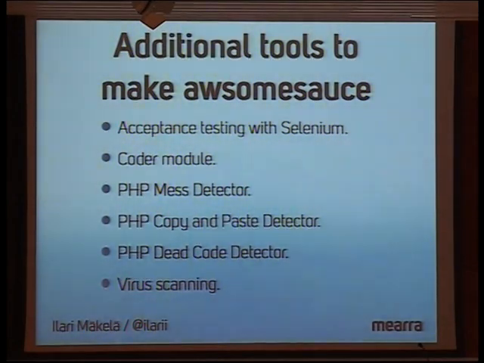We can test the contrib modules with the coder module, PHP mess detector, and so on. We can even do virus scanning for the Drupal core and see if Dries has been behaving badly and trying to infiltrate other customers. So you can add numerous things to it. You can automate the stuff that you have been previously doing by hand, manually, which is very time-consuming and very frustrating for developers.